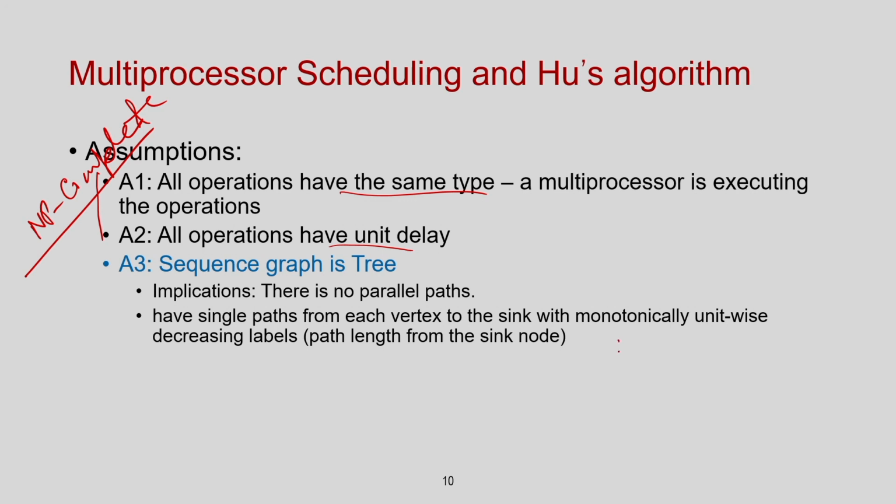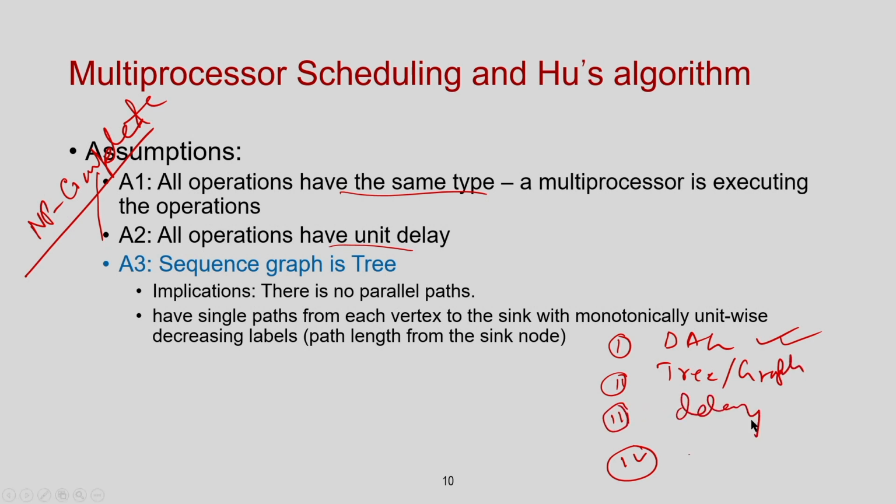As I mentioned, there are 4 characteristics I have considered. One is the DAG, which is always true, and then whether it is a tree or graph, and then the third characteristic was the delay. The node delay can be many things, and then the type of operation.